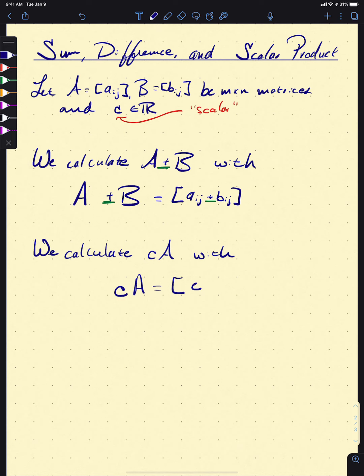C essentially gets distributed into our matrix, and you multiply every single element of the matrix by this number. What that has the effect of doing is it scales every single element of this matrix by a factor of C. That's where it gets its name of scalar. Okay, so let's do some examples of this.